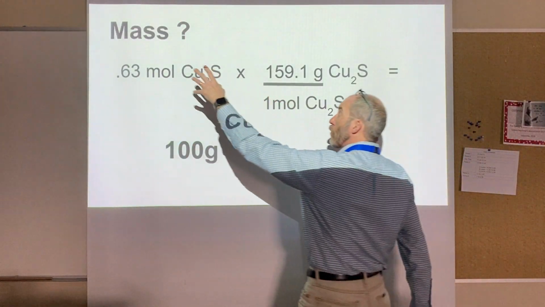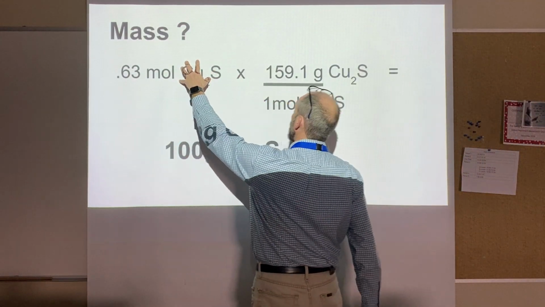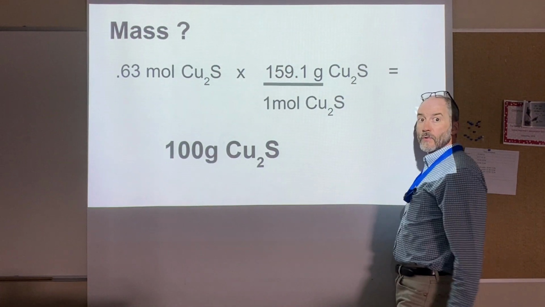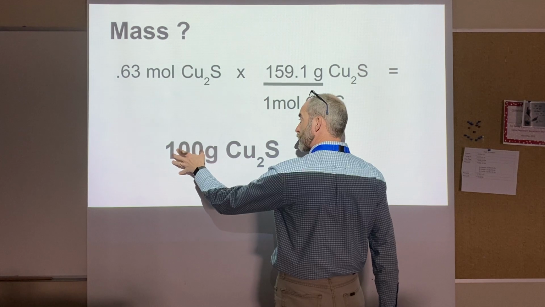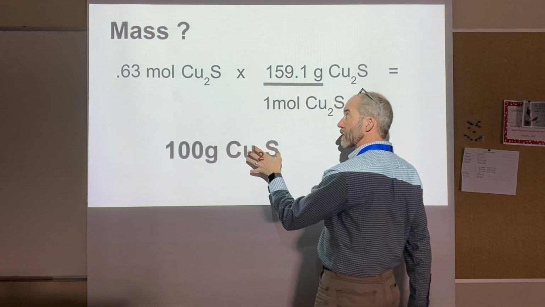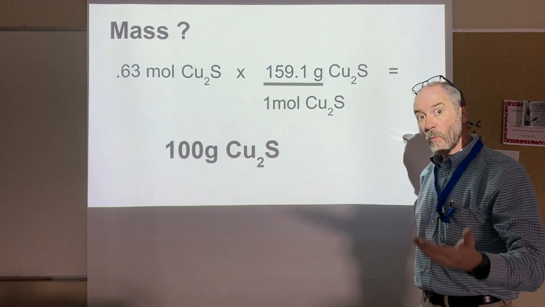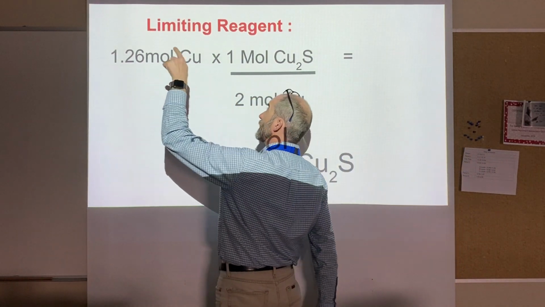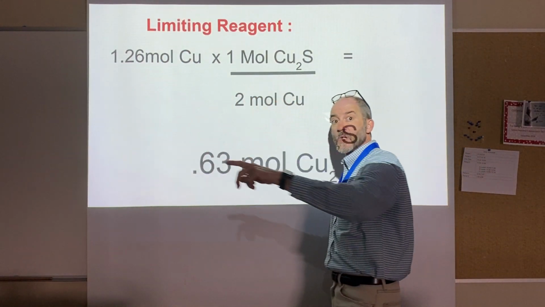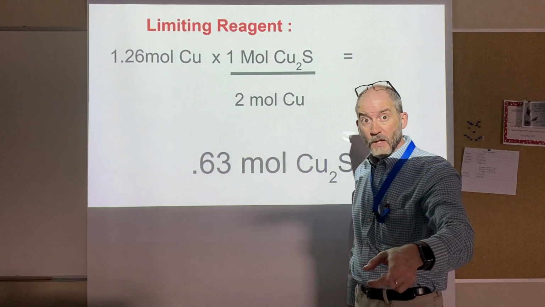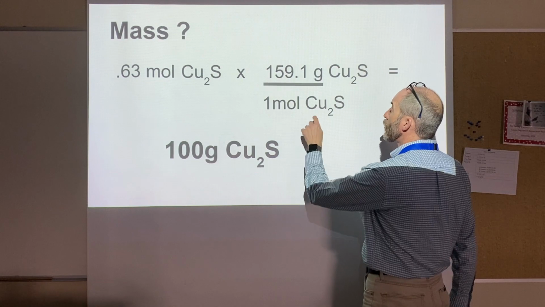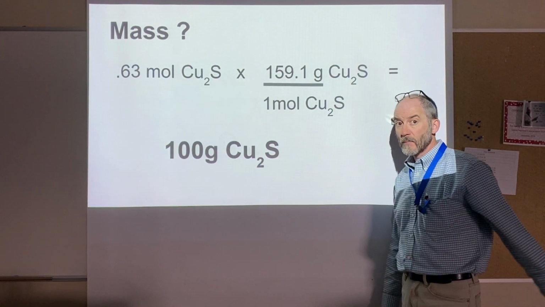You're going to take moles of product, you're going to multiply it times molar mass, and when you do, you're going to come up with 100 grams of product. Based on what? Based on your limiting reagent. Because it is your limiting reagent that is going to place the limit on how much product you can make.